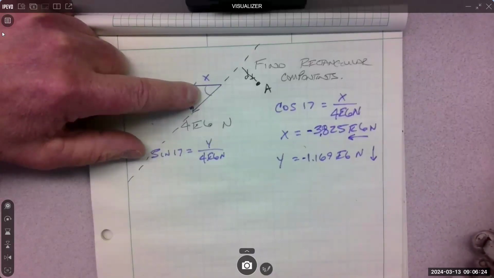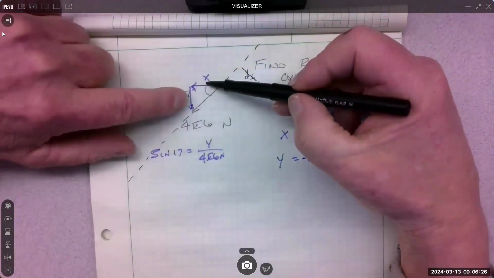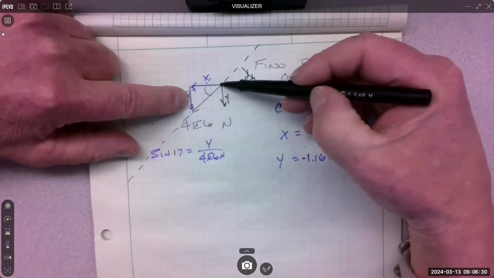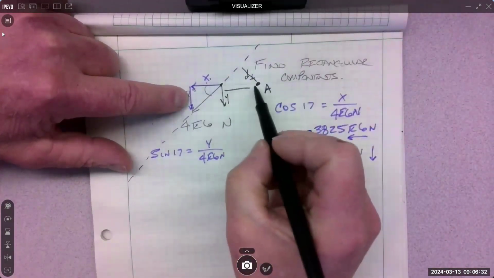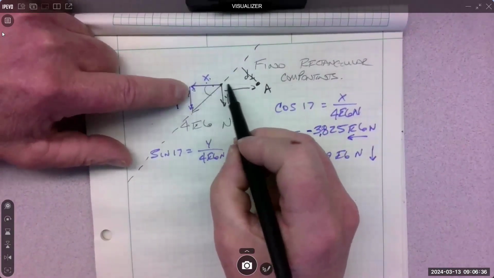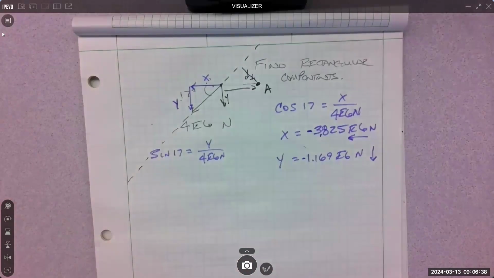Or I could use its components, y and x, and calculate a moment for that one, and calculate a moment for that one, and get the moment. You can do it either way. That's what Varignon says: you can use the vector times the distance to get the moment, or you can use the vector's components to get the moment.